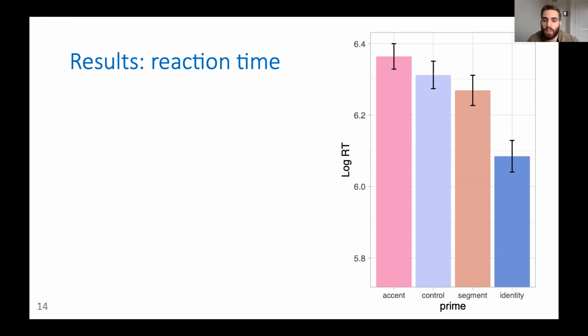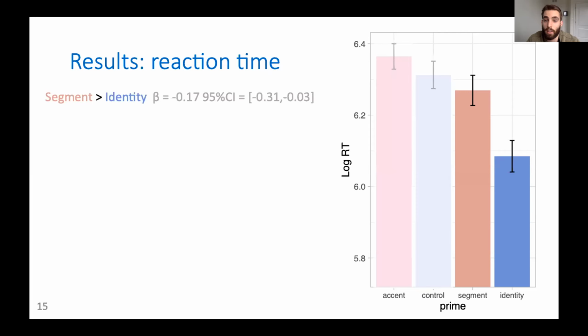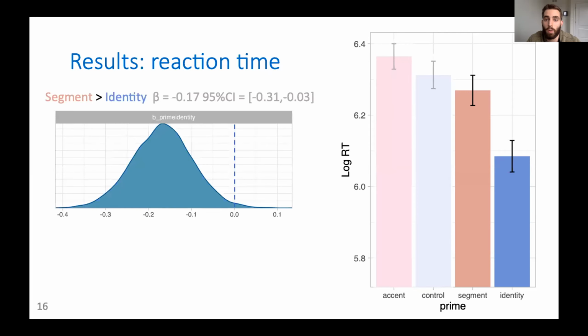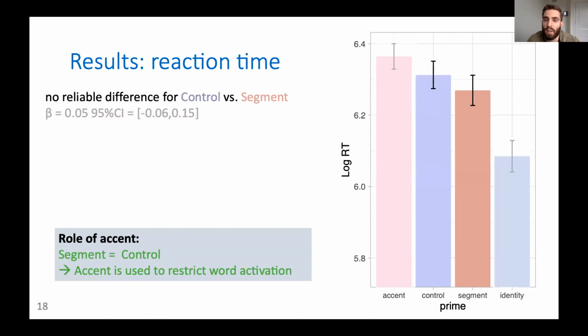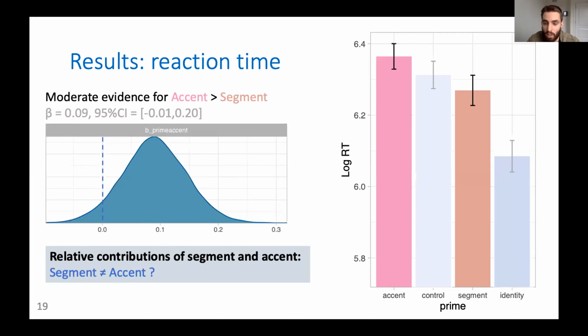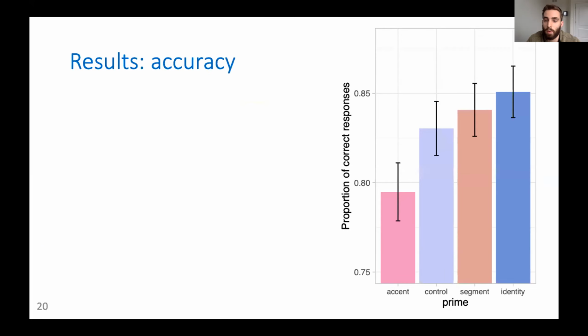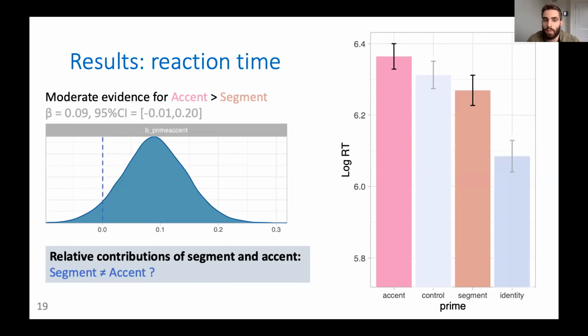Takeaways from the reaction time results were that segment and identity primes were different significantly as found by the model, or credibly we could say, while we also have fairly strong evidence for a difference between accent and segment primes, where accent primes in terms of reaction time show more inhibition, with the third finding being no credible difference between control and segment primes, which you see there.